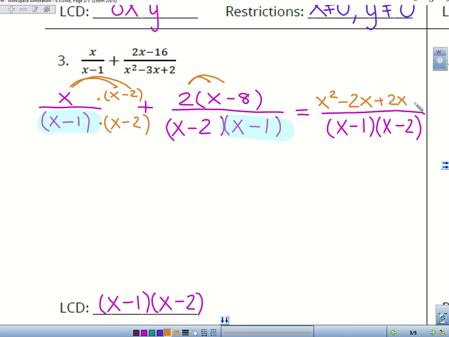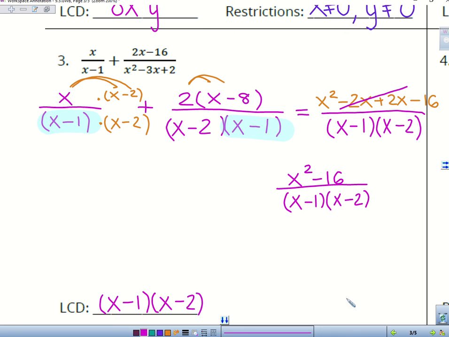Plus 2x minus 16, right? The two middle terms cancel out. Exactly. So what you're going to notice here in this case is those two middle terms happen to cancel out. Does everybody see that? So then I'm left with x squared minus 16 over this, which I could technically factor again if I wanted to, right?